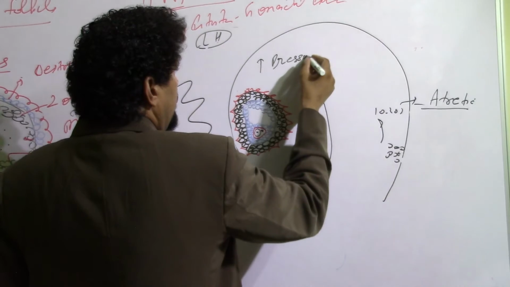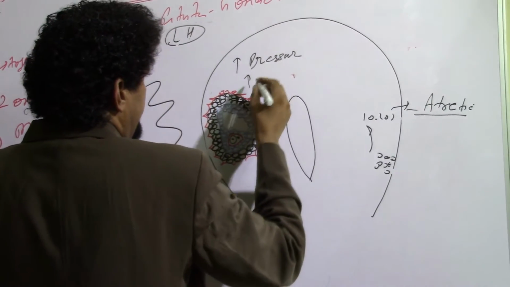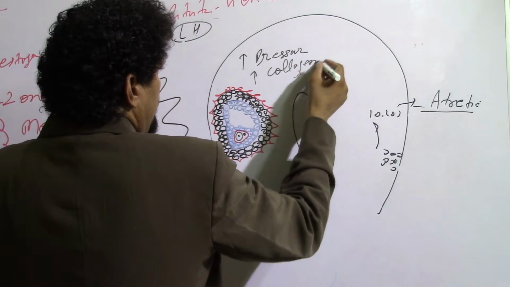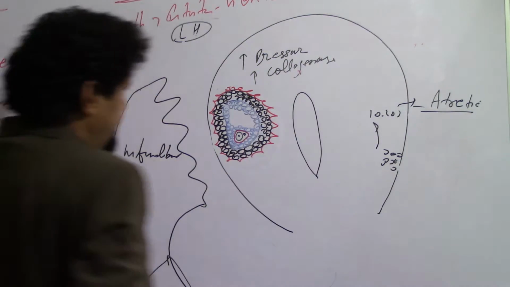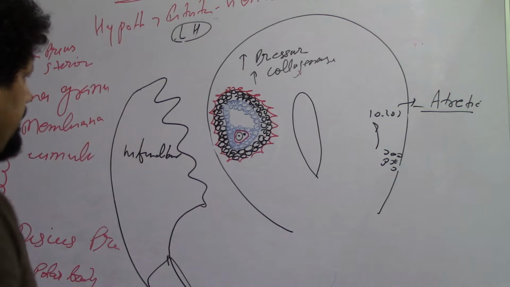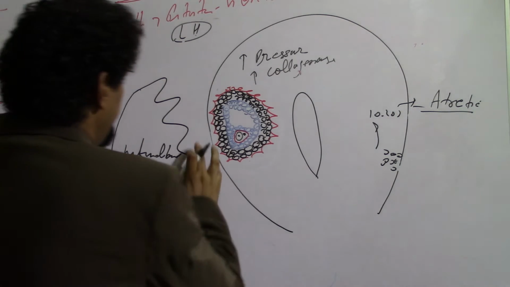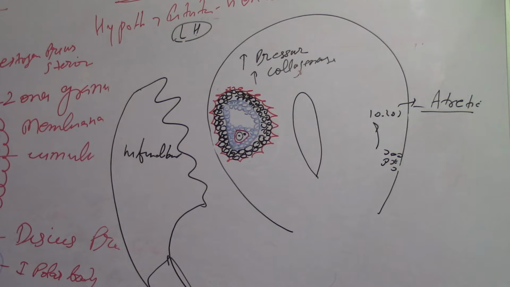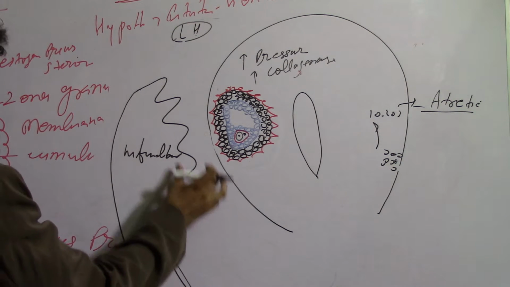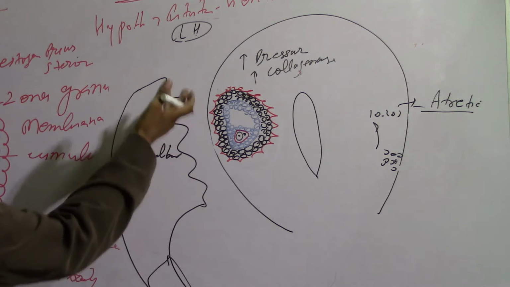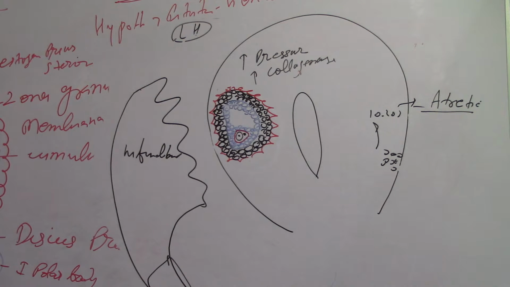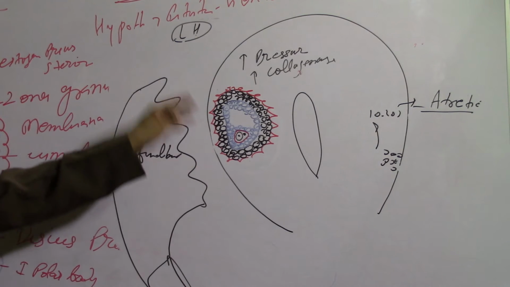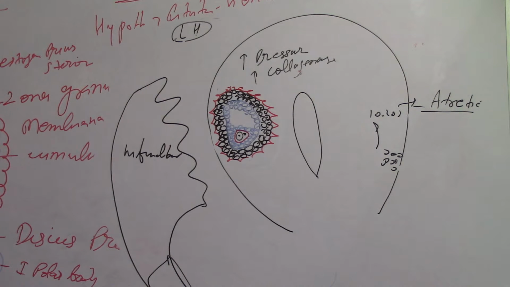It will increase the enzyme collagenase, which will melt the collagen fiber and help in ovulation, and it will make the fimbriated end of the oviduct movable. So fimbria will have a sweeping movement around the ovary to capture the ovulated secondary oocyte.